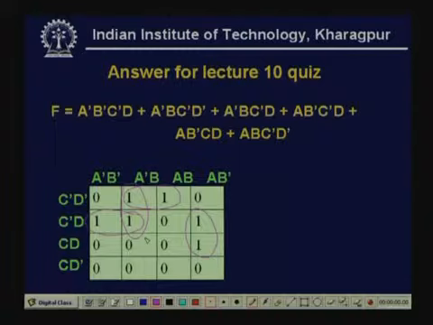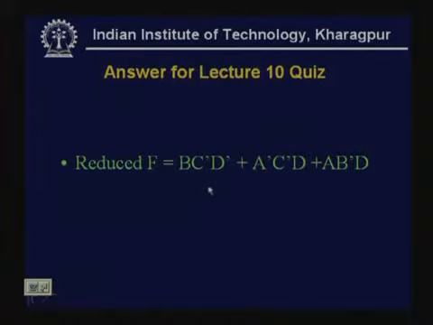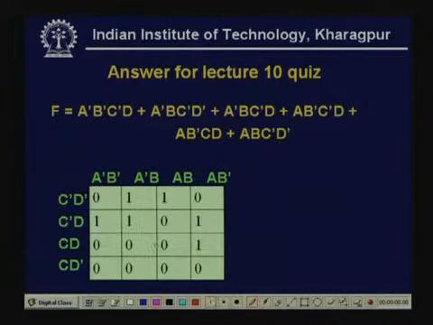Now, if we put that together, the sum will be B, C dash, D dash plus A dash, C dash, D plus A, B dash, D. Why are these 3? Because here one is already covered.